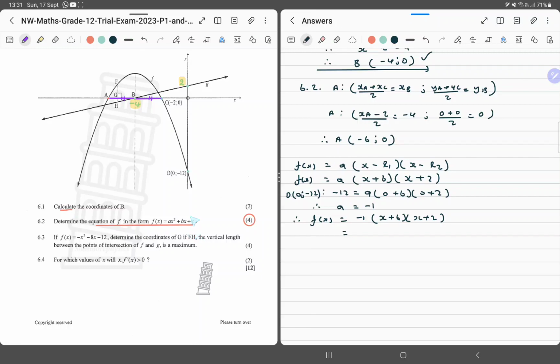Now we need to do it in this format. So we solve this thing. It's minus 1 into, we FOIL x squared plus 8x plus 12. We multiply with that, it's going to be minus x squared minus 8x minus 12.